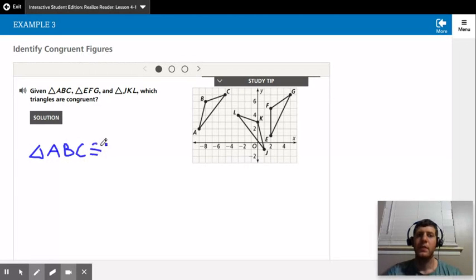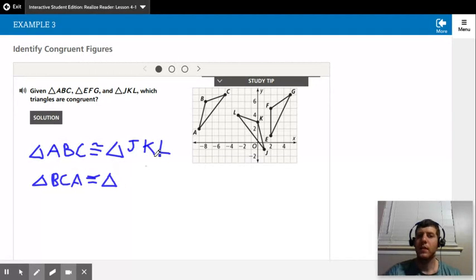But then we have to match up our corresponding parts. So we have to go to the other triangle and say, in the other triangle, what matches up with A? That's going to be J down here. B is going to match up with K. And then C matches up with L. If we name the first one a different way, let's just say we named it BCA, we would just have to shift the letters around.